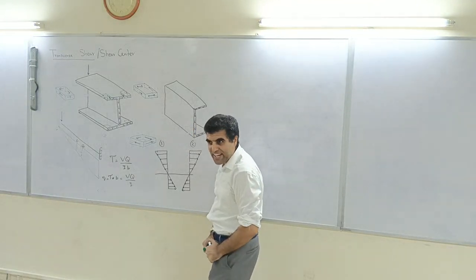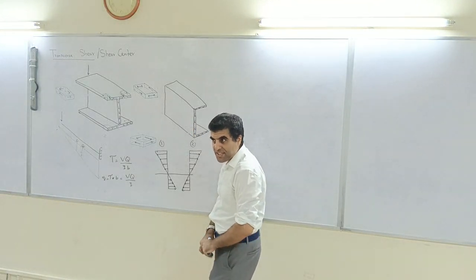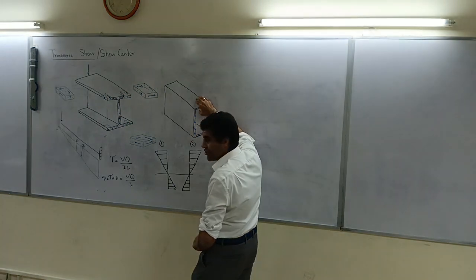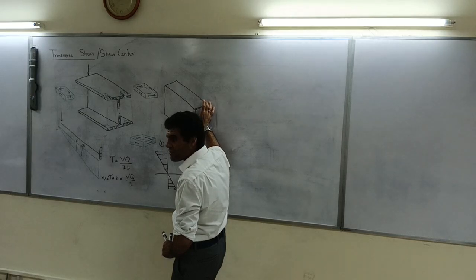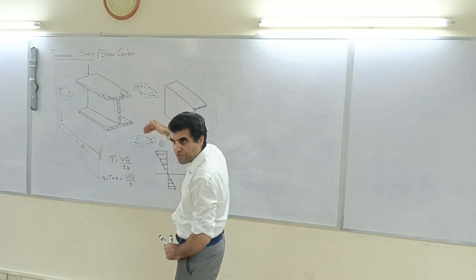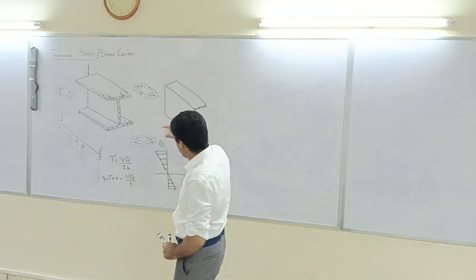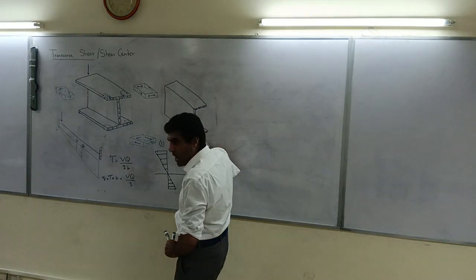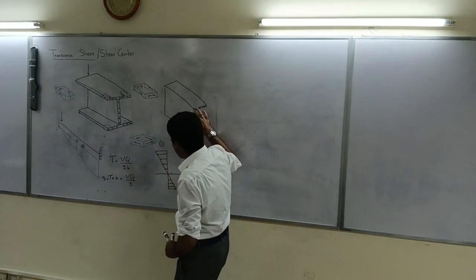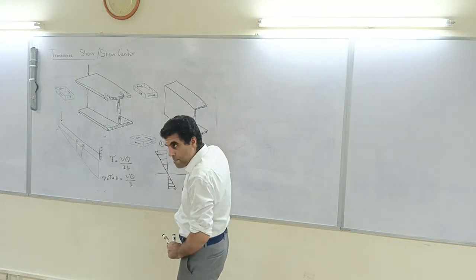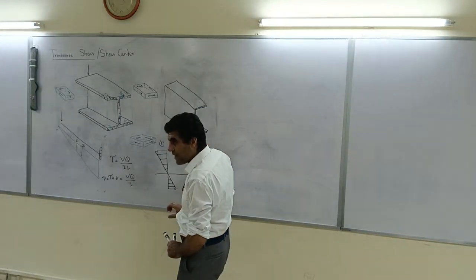If you want to find out the shear, the total shear in the flange, you just take tau, multiply that with the area of the flange, you get the total shear force in the flange. If you want to find out the shear in the web, take tau and multiply that with the area of the web. And similarly for the lower flange.